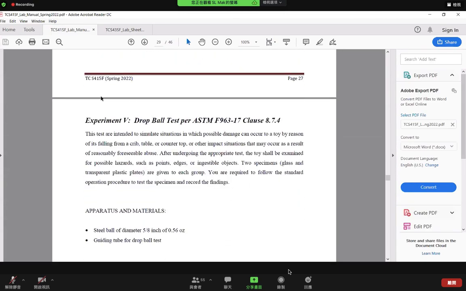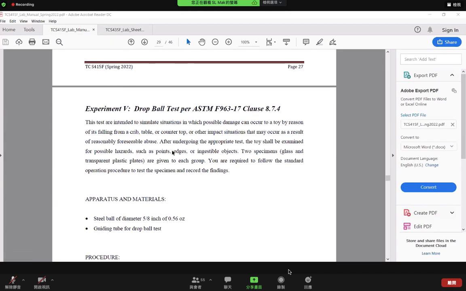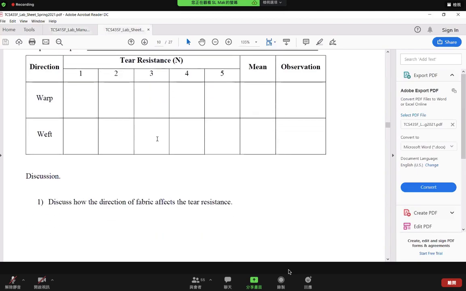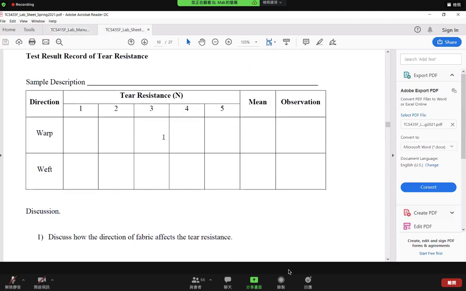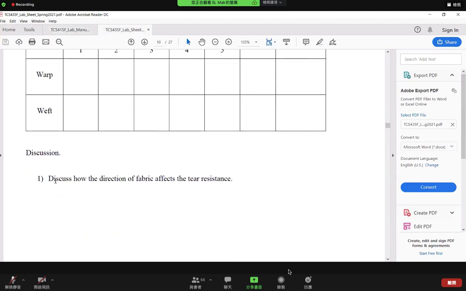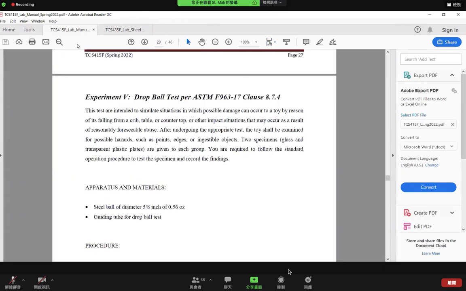That is required to record the force. It is the data sheet, and then you are required to answer a question, discuss how the direction of fabric affects the tear resistance. It means how the direction of fabric will affect the values. I think you can base on the result to answer the questions.